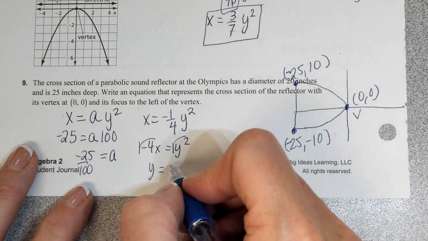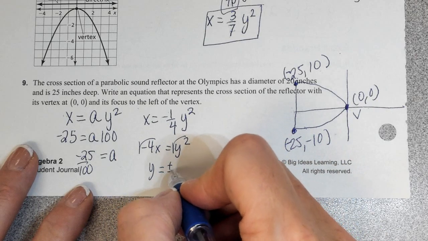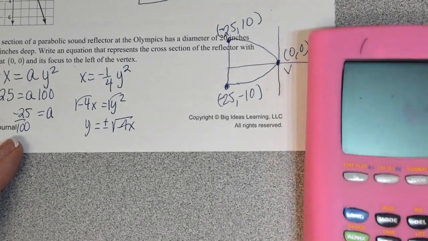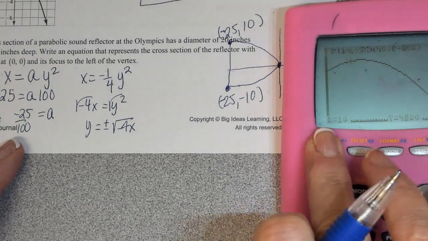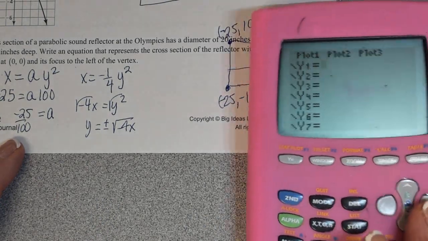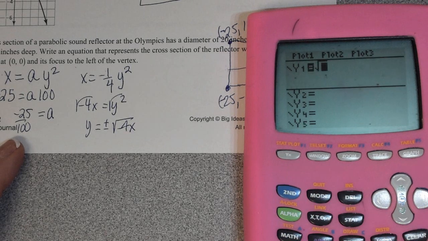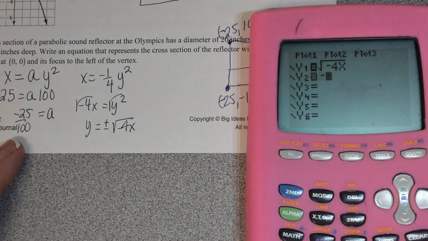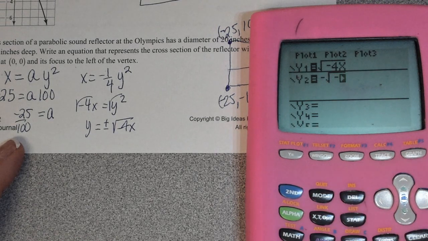Put what in front of it? So I would have this as my functions to put in. Watch what I'm going to do here to check this. So I'm going to have the square root of negative 4x, and I'm going to have negative the square root of negative 4x.